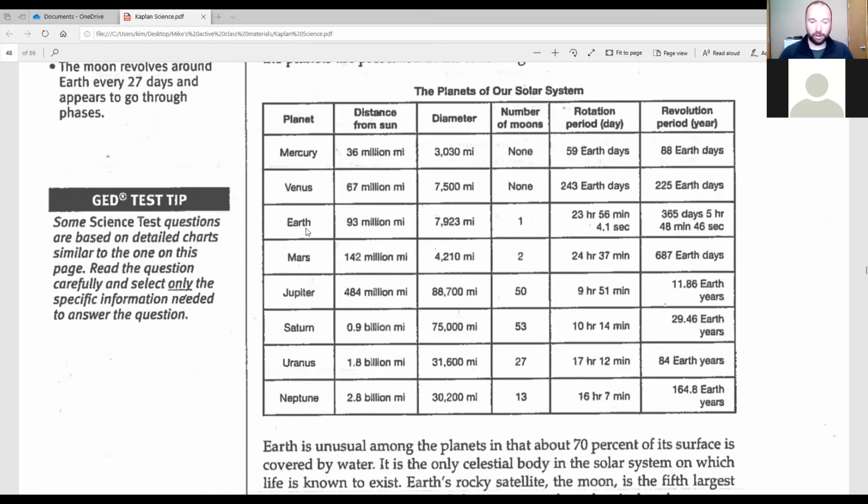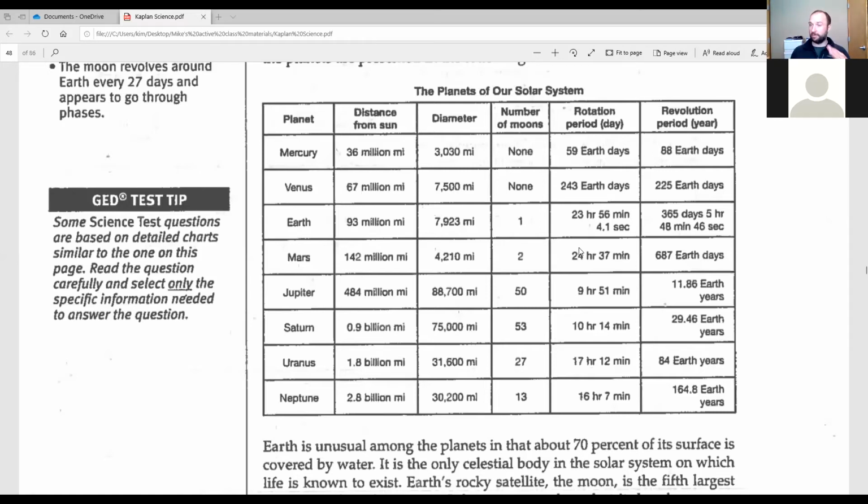But again, if we look back on Earth, just shy of 8,000 miles across, we have one moon. We're the only planet that has a single moon. Our rotation period, in other words, how long it takes our planet to spin around its axis, is just under 24 hours. So consider we have leap years or leap days to account for the variance, the fact that a day isn't quite 24 hours and a year isn't quite 365 days.